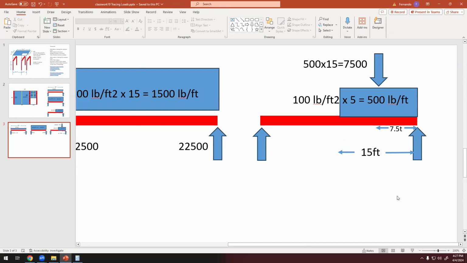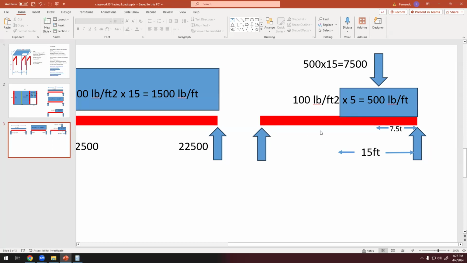Okay, so I think with this I can have equations. So we have reaction 1 and reaction 2. R2 is going to be higher than this one because the load is closer to this one. Okay, so that makes sense. The closer the load, the bigger the reaction, and the farther the load, the smaller the reaction.